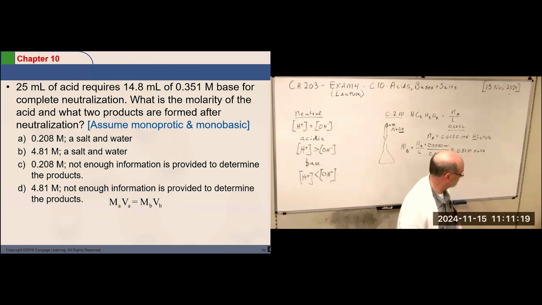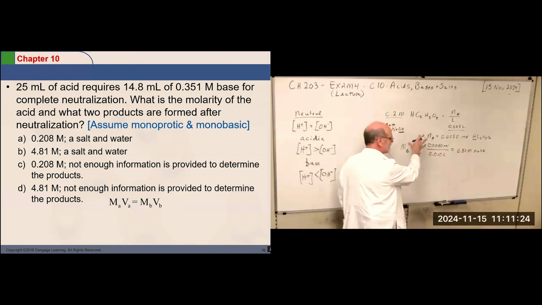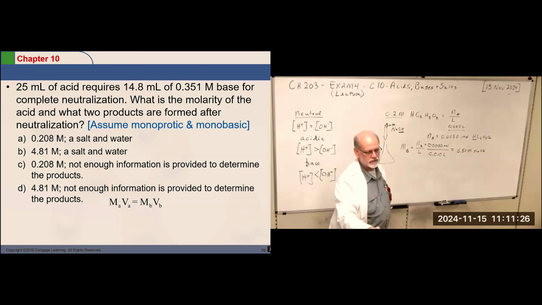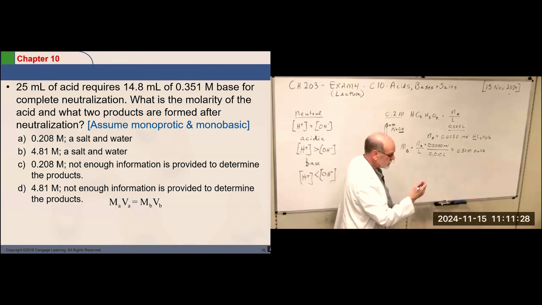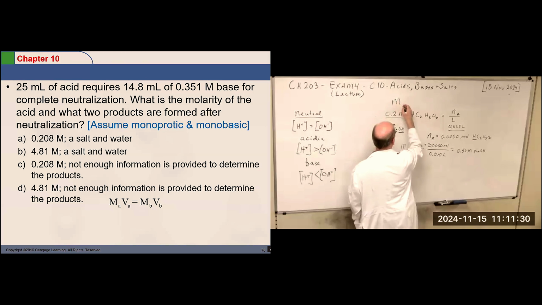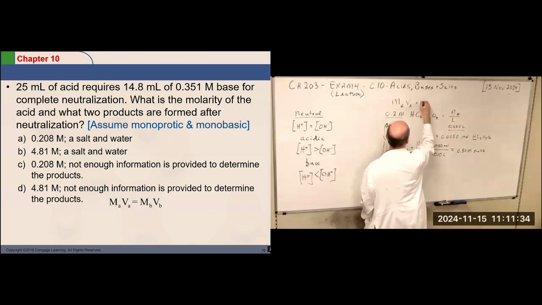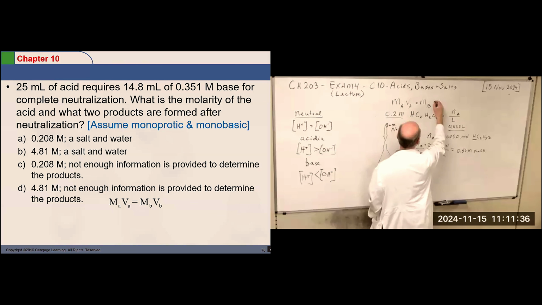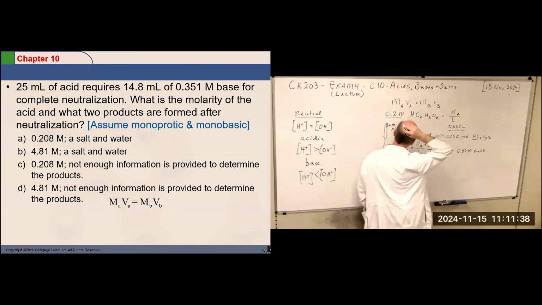Oh, I will say this. If you have a monoprotic acid and a monohydroxyl base, you can use this expression: the molarity of the acid times the volume of the acid equals the molarity of the base times the volume of the base.